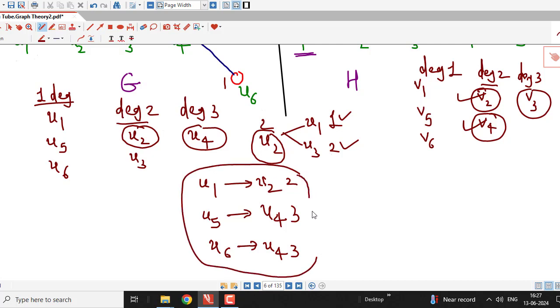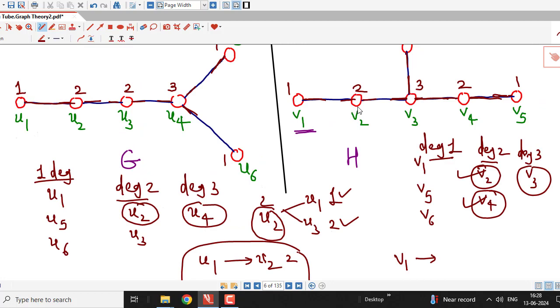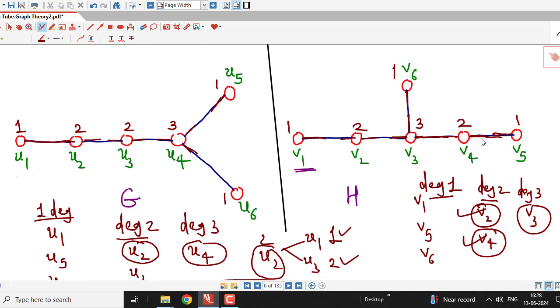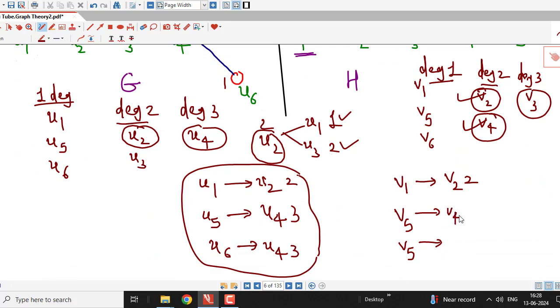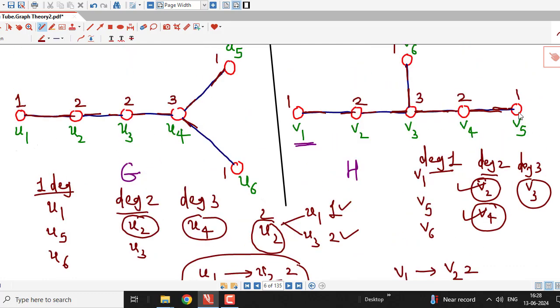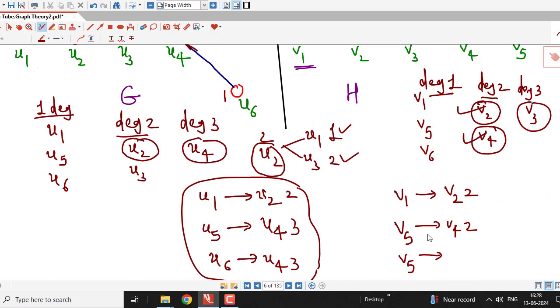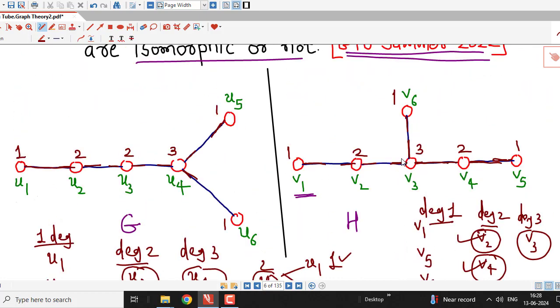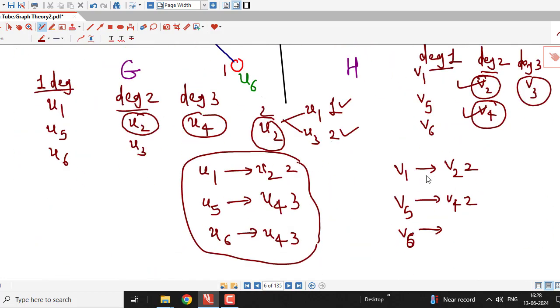This is for first degree vertices of graph G, and first degree vertices of graph H are v1, v5 and v6, and we check that v1 is adjacent with v2 and degree of v2 is 2. v5 is adjacent with v4 and degree of v4 is 2. And v6 is adjacent with v3, degree of v3 is 3.